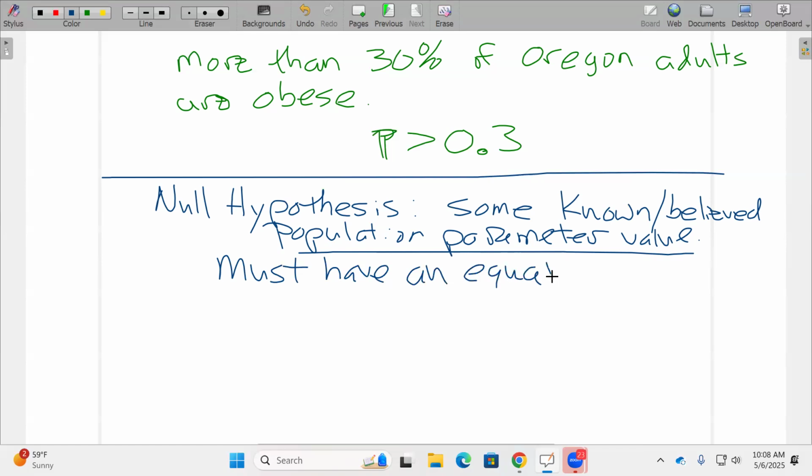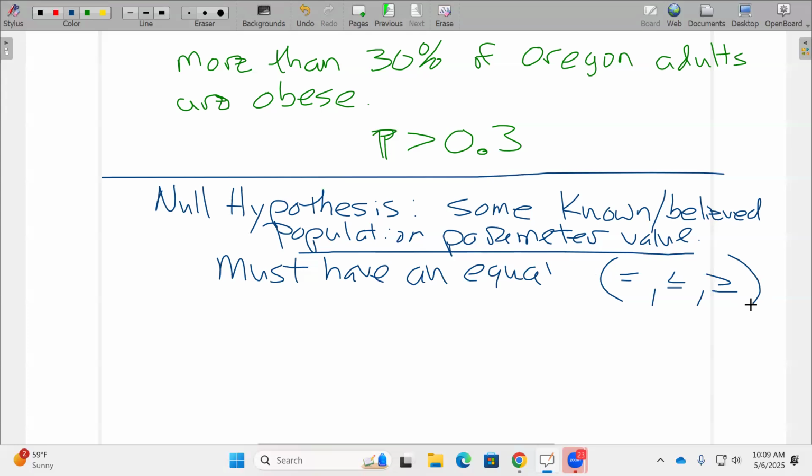So when I state it in symbols, I'm either going to see equals, or less than or equals, or greater than or equals. Those are three possible ways to write a null hypothesis. And for us, it's either going to be a mean or a proportion. So that means it's either going to be a mu or a p.